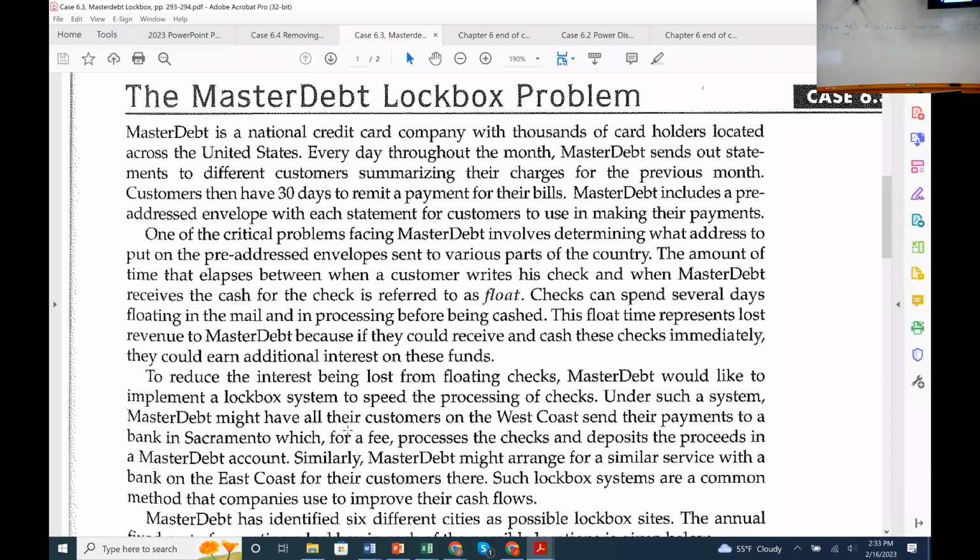Who's the decision maker? That's not hard in the MasterDebt lockbox problem. It's MasterCard, basically. So this is a credit card company.